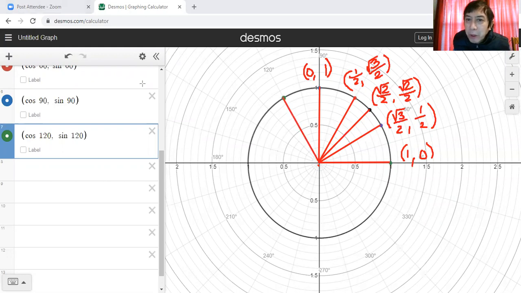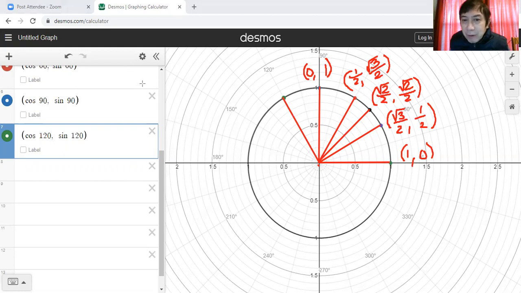Okay. Now, how about the coordinates of 120? Now, the coordinates of 120 can be determined by using the reference angle 60. Okay, the reference angle is 60. So, reference angle is defined as the difference of the terminal side with the x-axis. So, in this case, the difference of 120 and 180. Okay, so it will be 60. So we can make use of the 60 as a source of getting the coordinates.